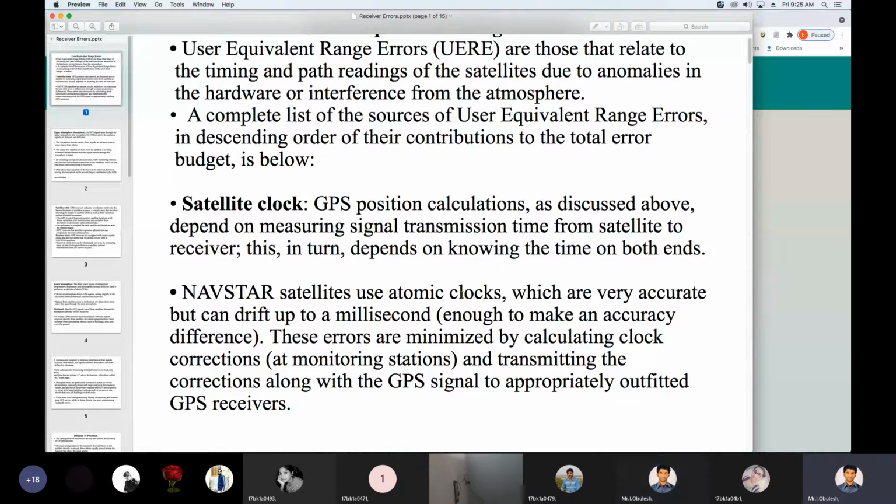These errors are minimized by calculating clock corrections at monitoring stations and transmitting the corrections along with the GPS signals to appropriately outfitted GPS receivers.